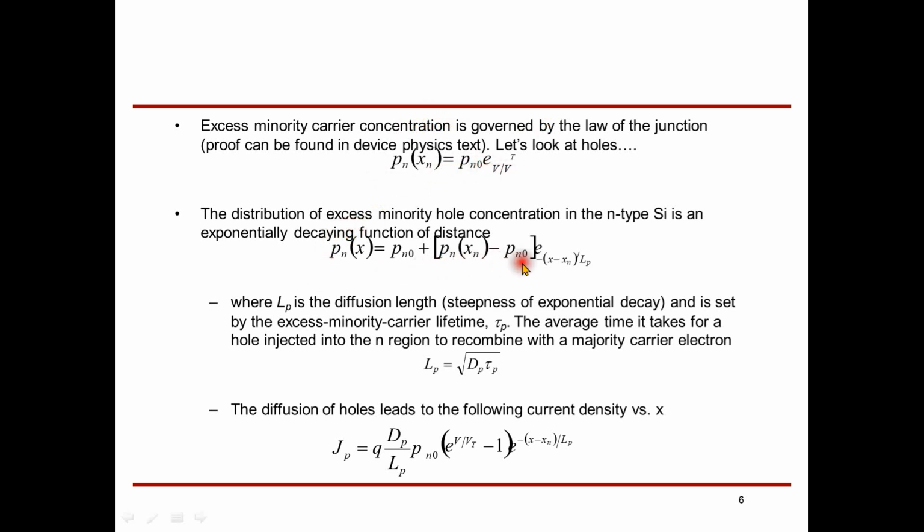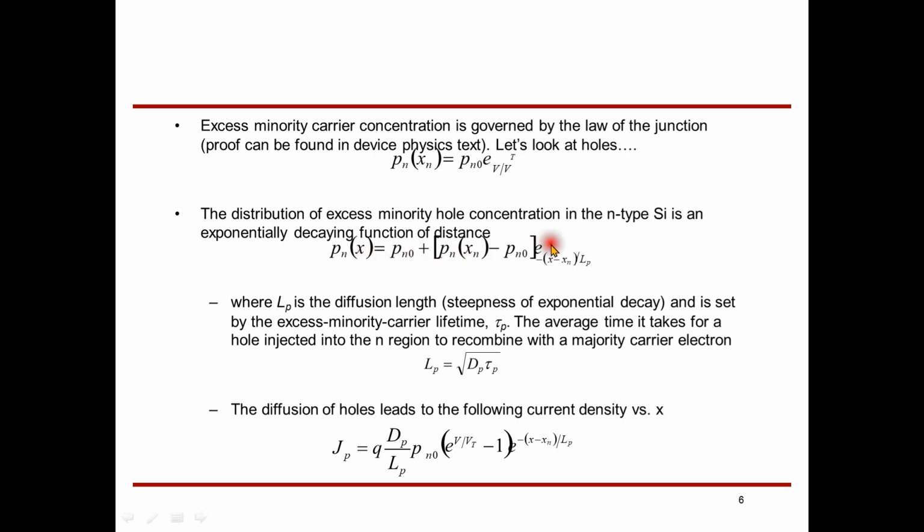Similarly, the distribution of this excess charge can be represented by Pn(x) equal to Pn0 plus Pn(x), the same parameter which we have already written, minus Pn0, that is under thermal equilibrium condition. This value of Pn0 represents the minority hole concentration under the thermal equilibrium condition.